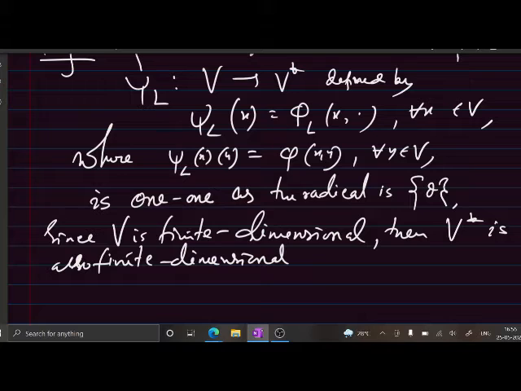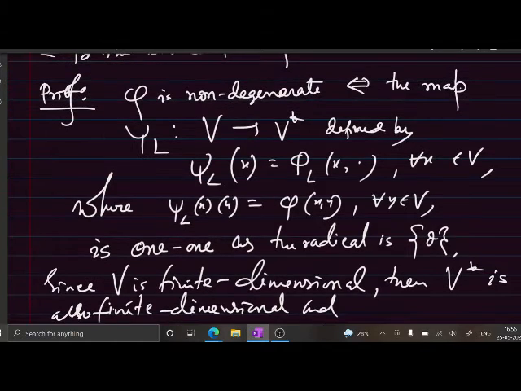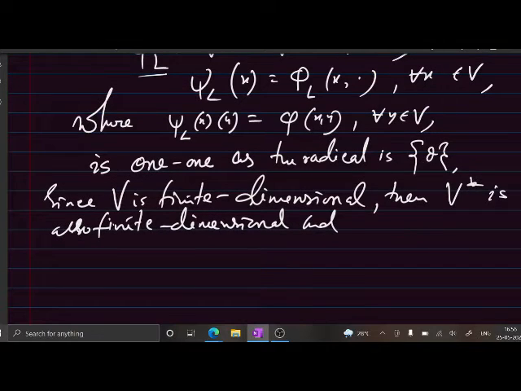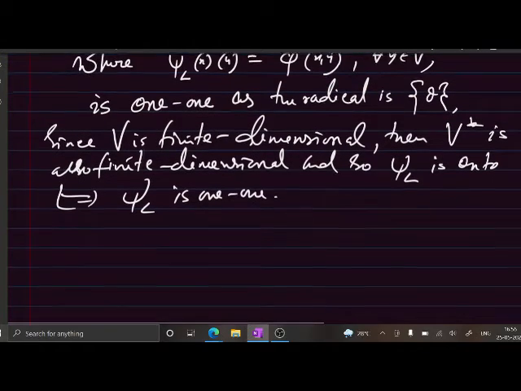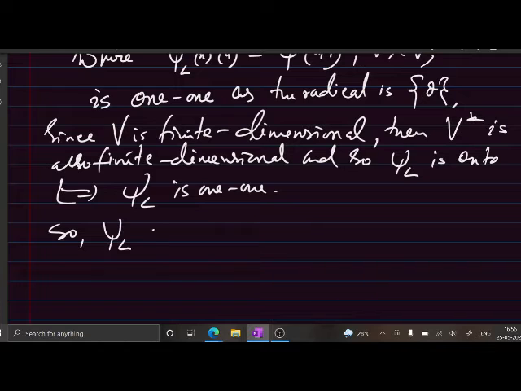For this reason, since this map is 1-1, it is onto. So psi L is onto if and only if psi L is 1-1. So in our case, this is onto.